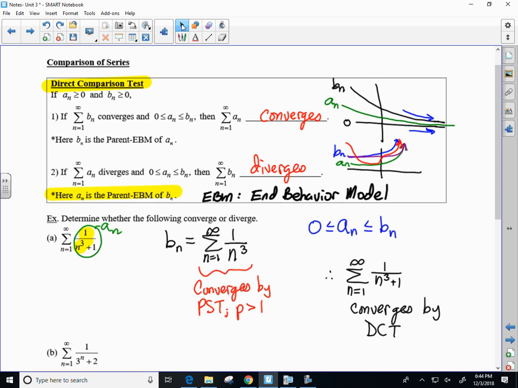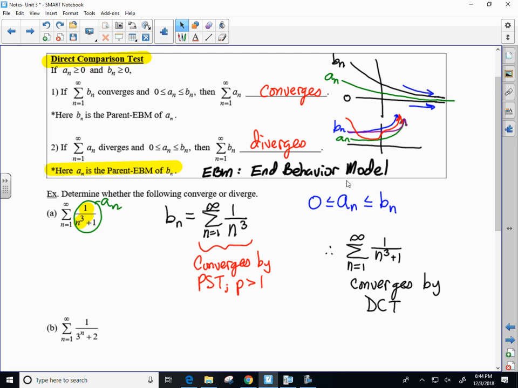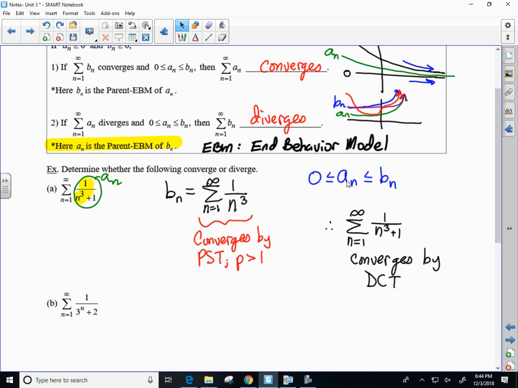All right. So definitely some kooky stuff. The idea that we're using different tests within the same problem, that's pretty fun. Right? So, challenge again is once you identify your a sub n, we want to find the corresponding b sub n, and then the relationship between the two.